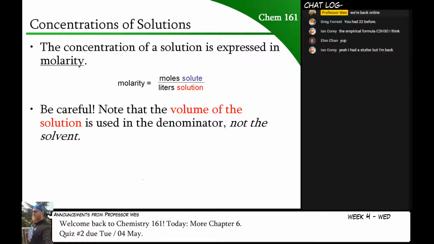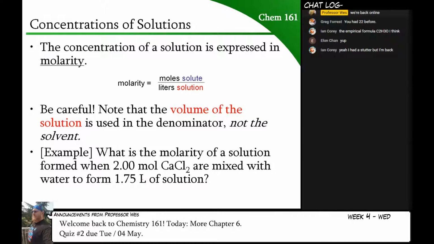It's just that they don't take up that much volume relative to the liquid, so it becomes very easy to think my solute doesn't do anything to the volume, but it does. So you need both in there before you can calculate the volume and do the calculation.